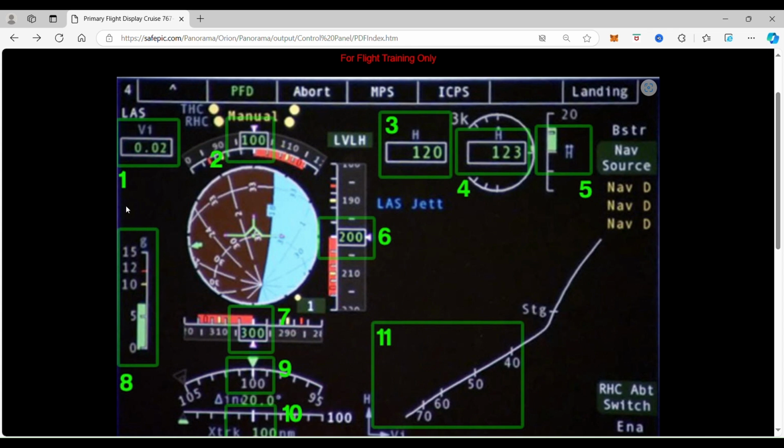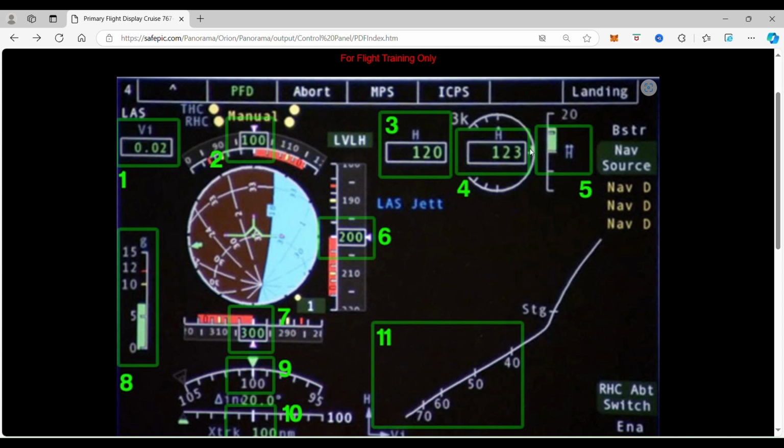So here one is the velocity. This looks like it's the inertial velocity right now. We have the roll. So this right here, the bank is the roll. We'll go more into that, like what these red lines are here. And over here we have our altitude or height in feet, so we're at 120,000 feet.